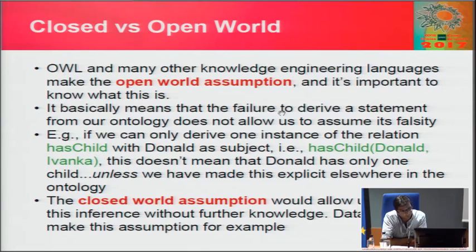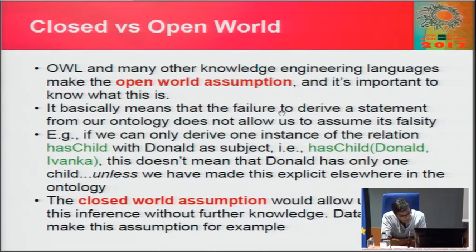So for example, if you're only able to derive one instance of the relation has-child with Donald as the subject, for example, has-child Donald Ivanka, this doesn't necessarily mean that Donald has only one child, unless we've made this explicit elsewhere in the ontology, and then perhaps you can derive it using an automated reasoner.